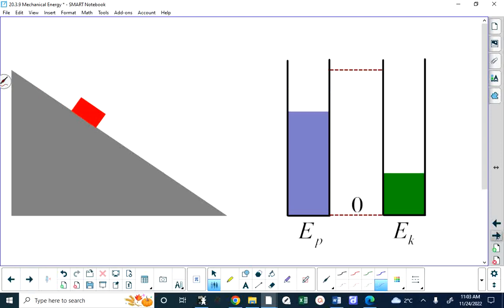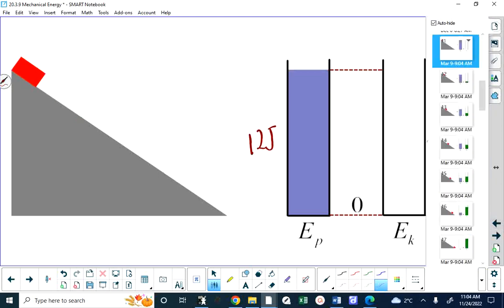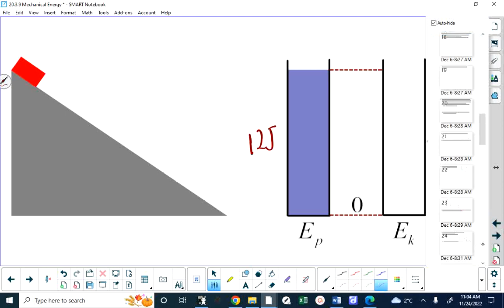At this point in time, we might have 4 joules of kinetic and 8 joules of potential. At this point, we might have 6 and 6, well, see, the scale is wrong here. You can see that those numbers are not matching up. I would have to rethink the numbers. But the bottom line is the total energy at any point in time has to be the same. Okay, let's take a look at the next question.